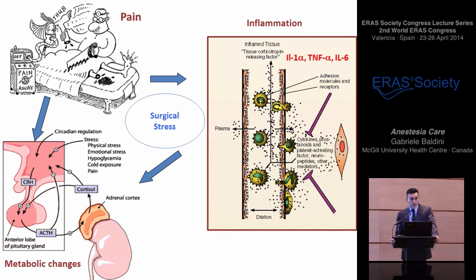So why is it important? We talked a little bit yesterday about controlling surgical stress. Stress is induced by the inflammatory response associated with surgery, pain, and also the metabolic changes occurring. And all these elements interact with each other.